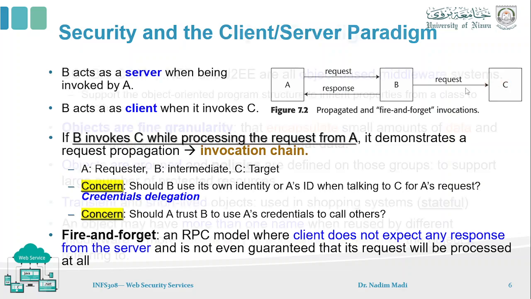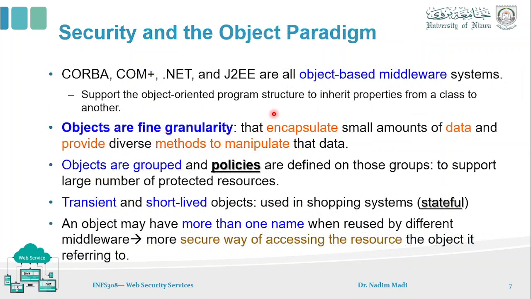We call this fine granularity. The object goes to the deep level of the service provider in order to invoke it. Objects are grouped in policies and controlled by policies.